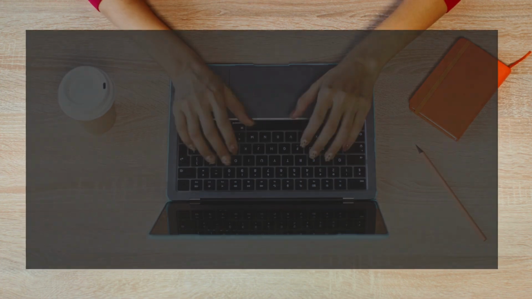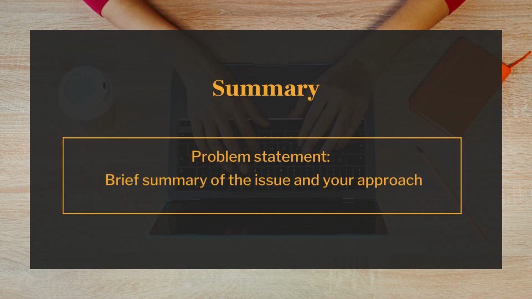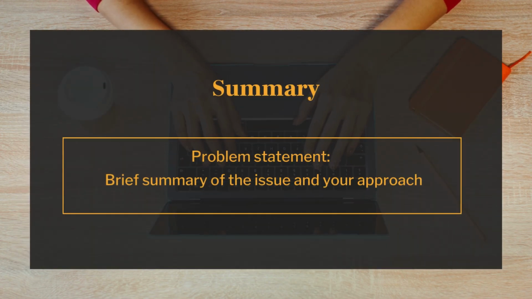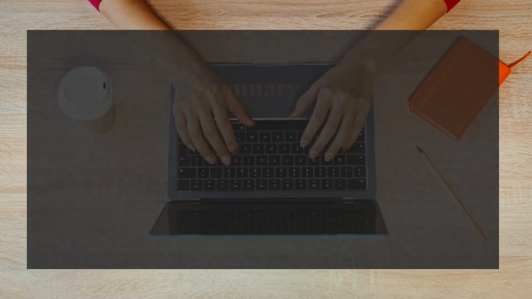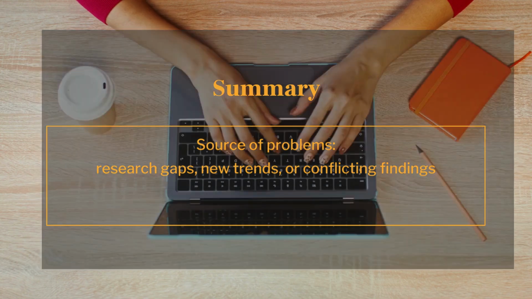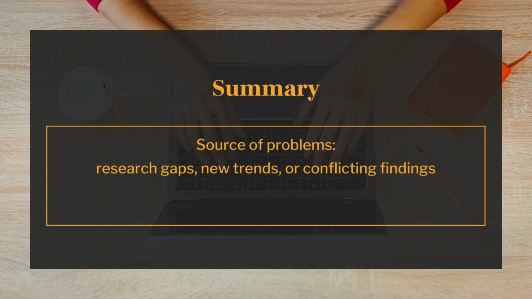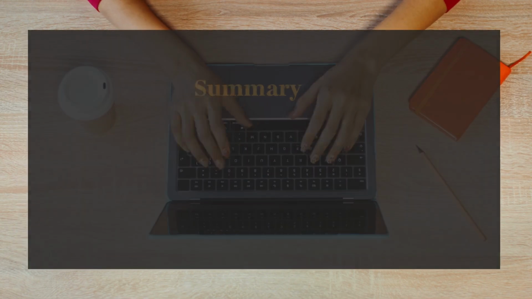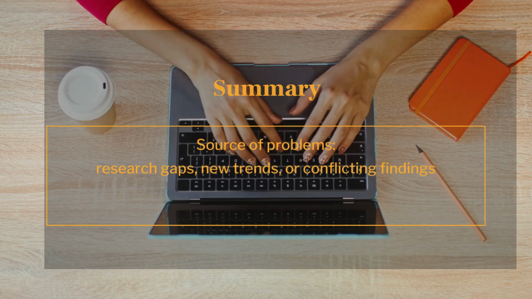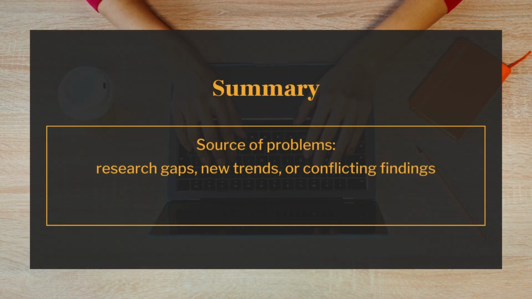A problem statement is a short and focused paragraph that summarizes the research problem and your intended approach. Research problems come from gaps in the existing literature. These gaps may result from new developments, understudied contexts, or ongoing debates among researchers.